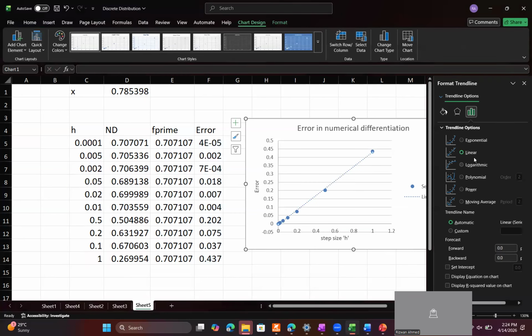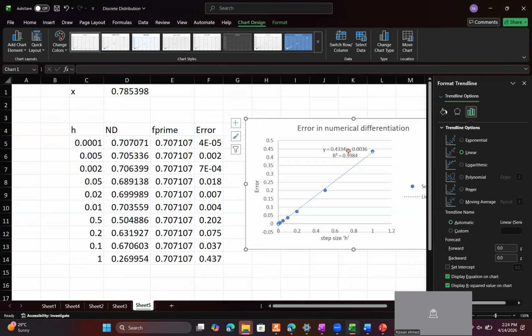So quickly, if I select the model linear, which means a straight line model between error and step size, and I look for the equation, right? And the equation is of no meaning unless I go for the r squared value on the chart, right? So it's a quick way, r squared value. And we know if the r squared value is close to 1, it means we are close to perfect fitting.